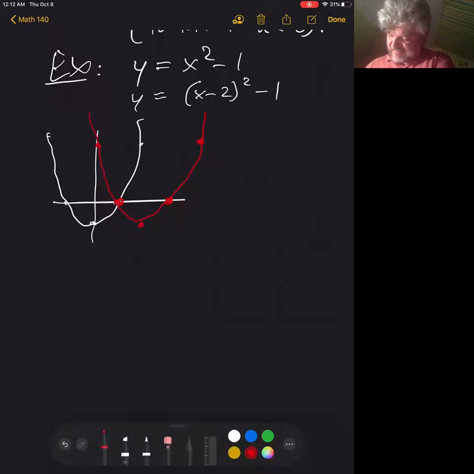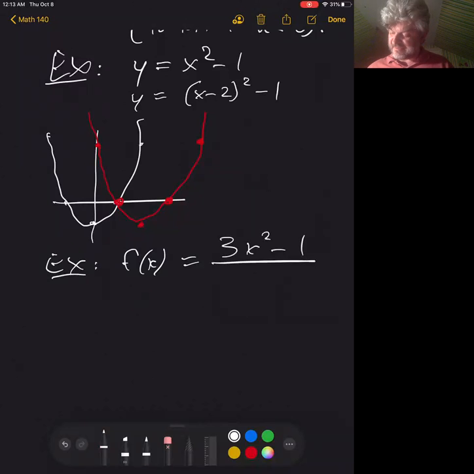Maybe one more example, where a few more x's are flying around. f of x equal to 3x squared minus 1 divided by x minus 5.